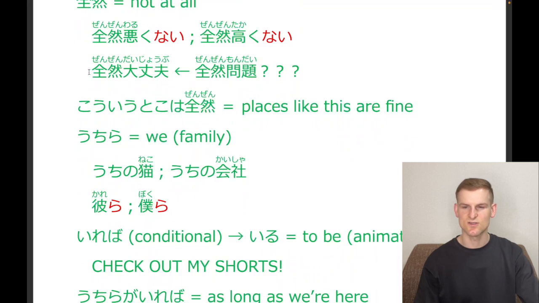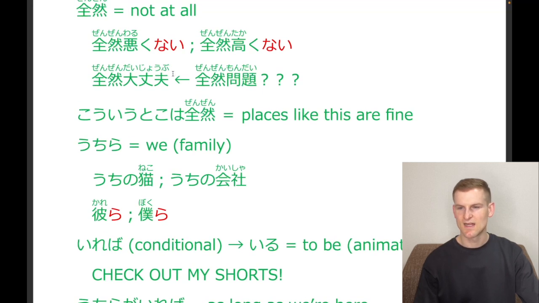So 全然大丈夫. So 大丈夫 means fine, okay. 全然大丈夫. So completely fine, completely okay. I have a little theory about this. Oops, I actually made a mistake here. I meant to put ない after this. My theory is that this comes from saying 全然問題ない. 問題ない means no problem. So that would make sense, right? Because 全然問題ない, that's a correct usage. So it's like no problem at all. But another way to say 問題ない is 大丈夫.